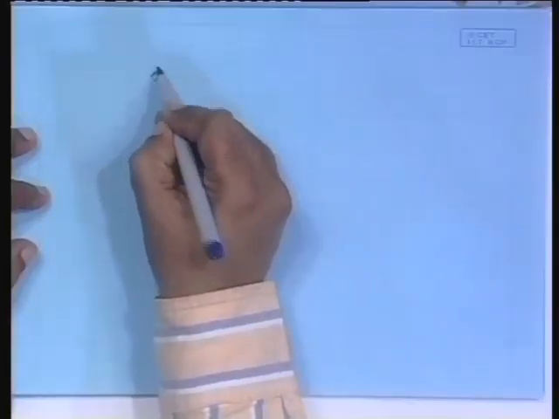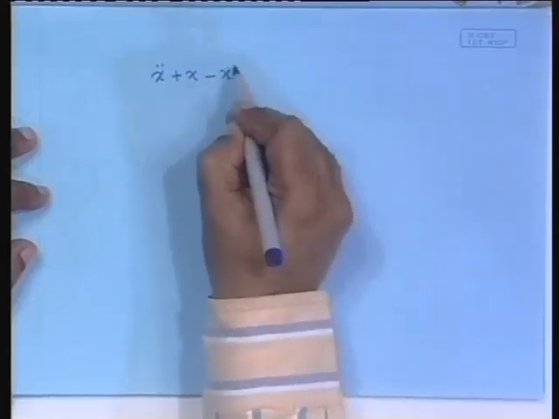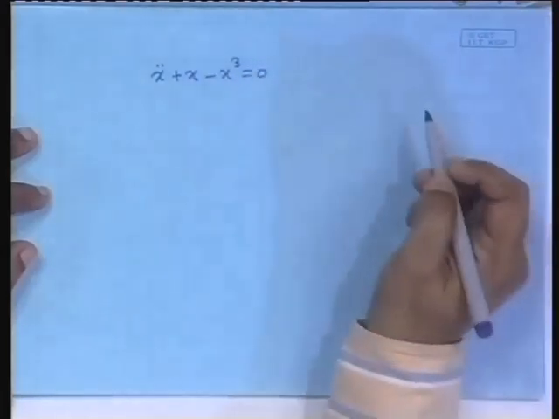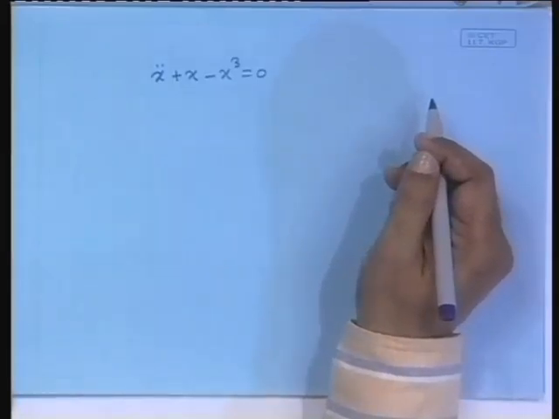Suppose there is a system whose differential equation is x double dot plus x minus x cube is equal to 0. Okay. How will its behavior be? I want to deduce that by looking at the local neighborhoods of the equilibrium points, right.